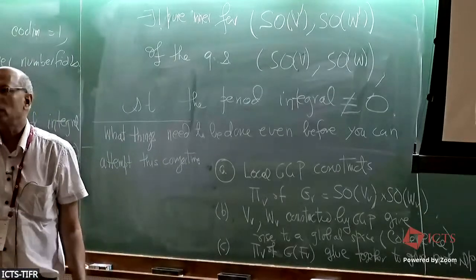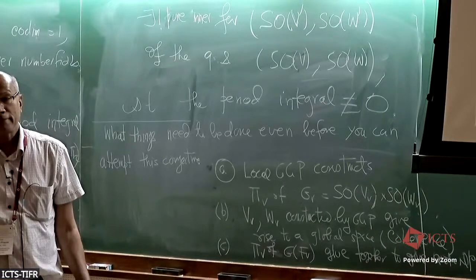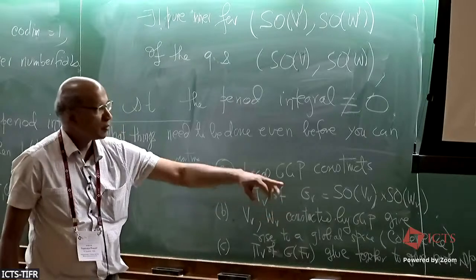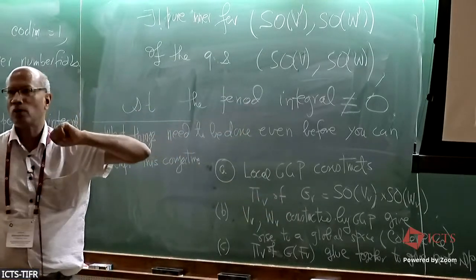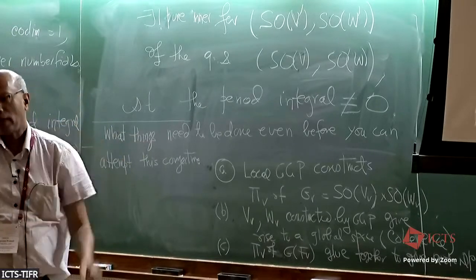It is what is called the Arthur multiplicity formula. And the fact that these representations glue together to give you an automorphic representation for these characters of the component group is a simple consequence of the Arthur multiplicity formula.